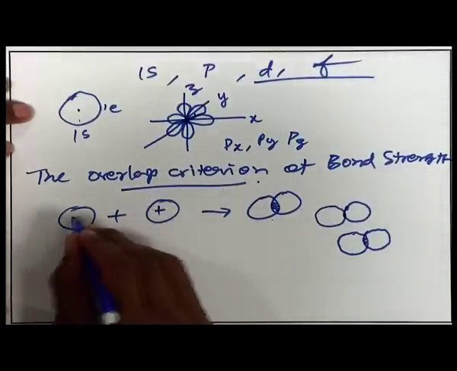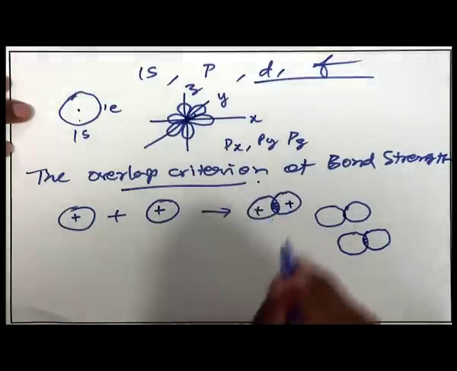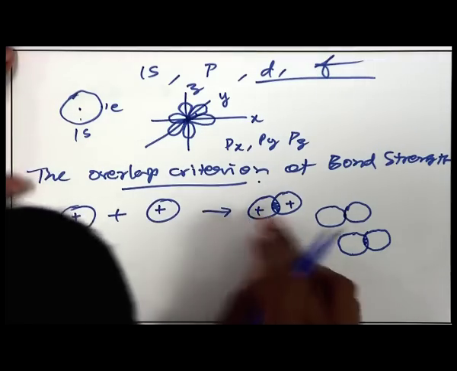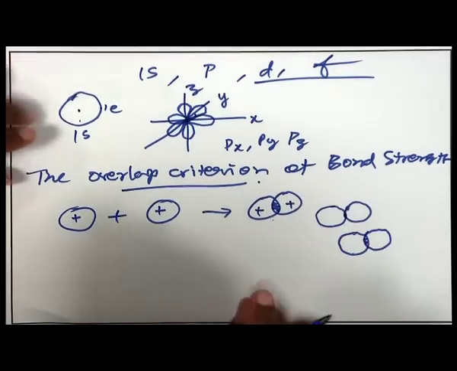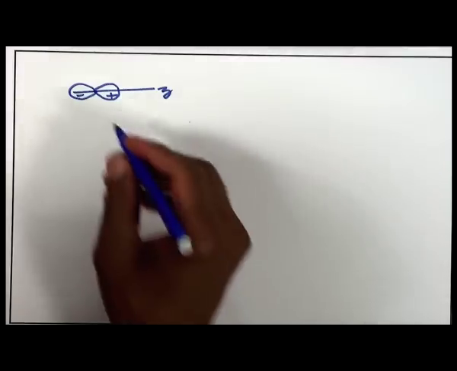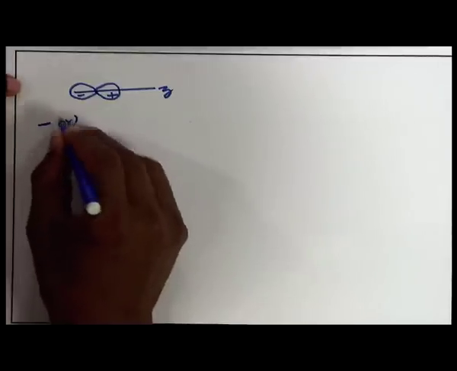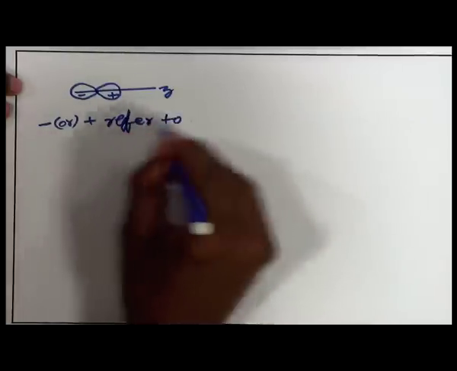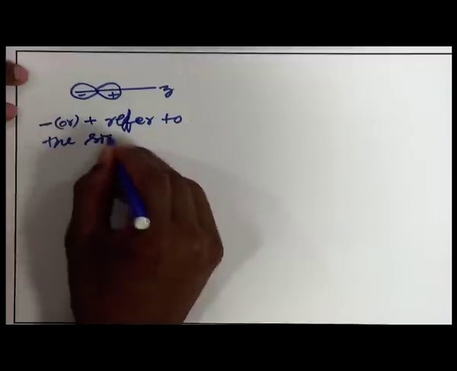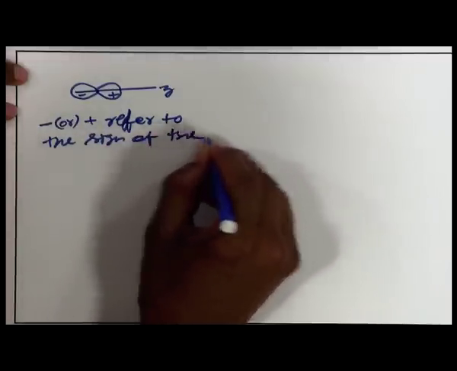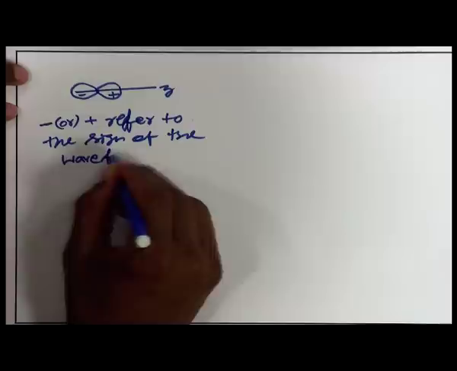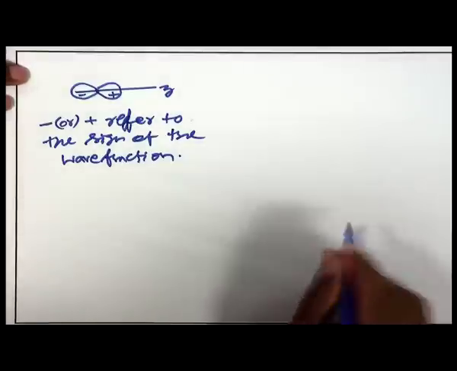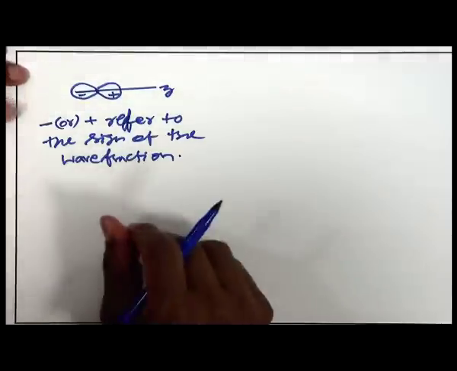So, the negative or positive symbol refers to the sign of the wave function. What is a wave function? That we are not going to see now; you will be studying it in higher classes. So, for the time being, you keep it.